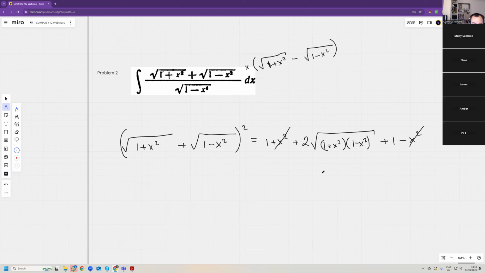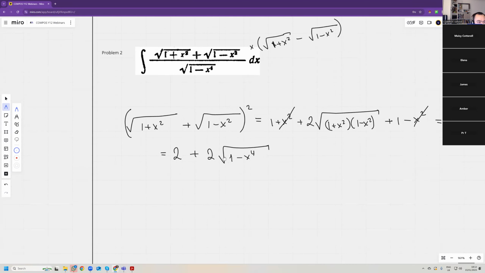The x squared cancels and I get 2. So I get 2 plus 2 root of 1 minus x to the power of 4. Okay. So what can I do with it? What do I do with it?